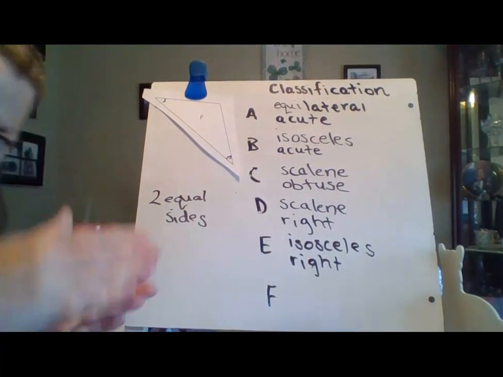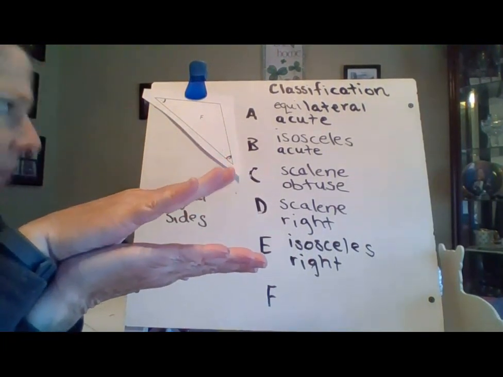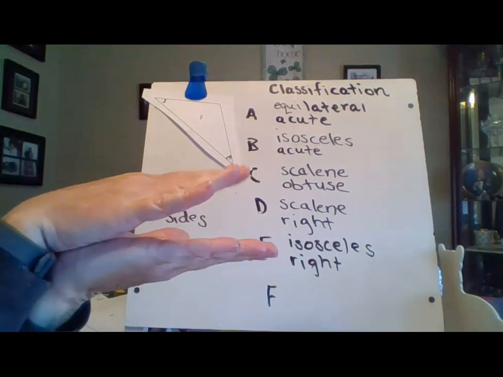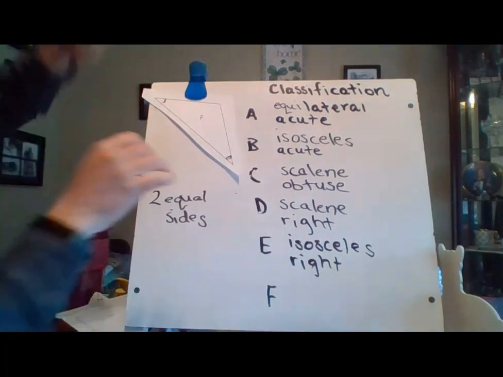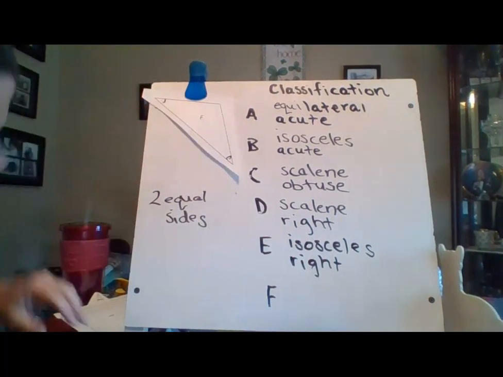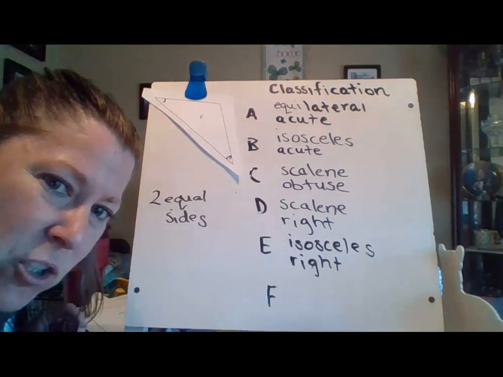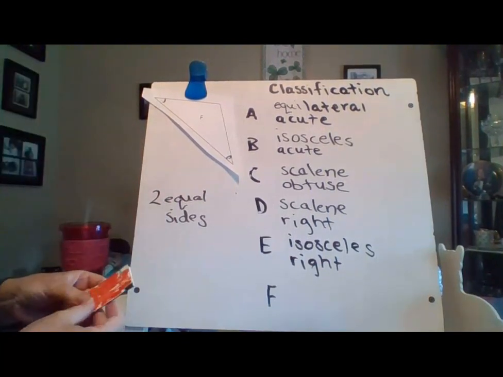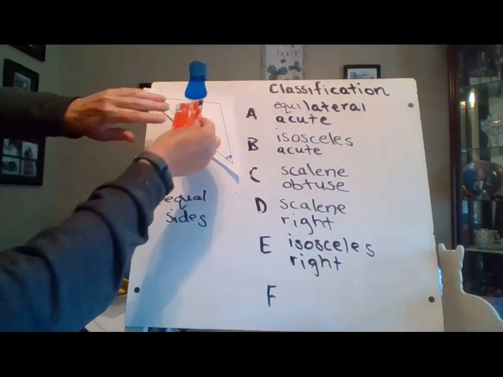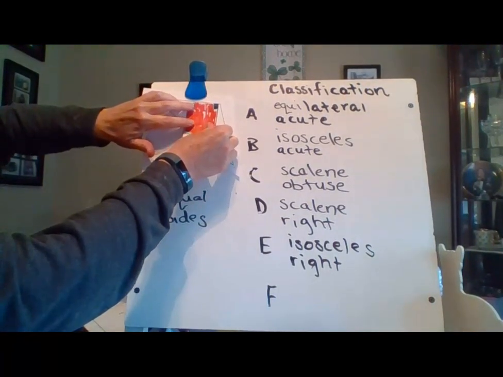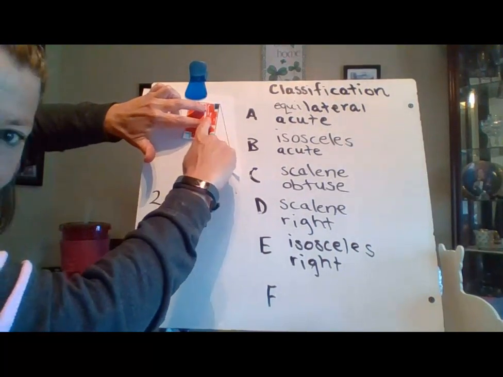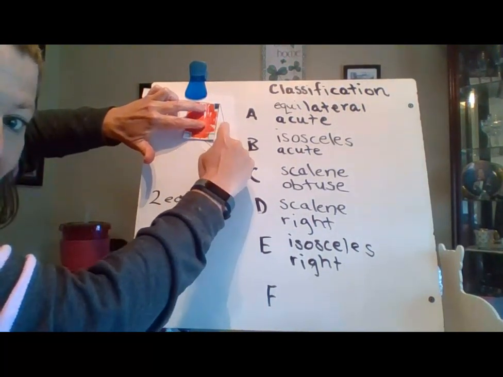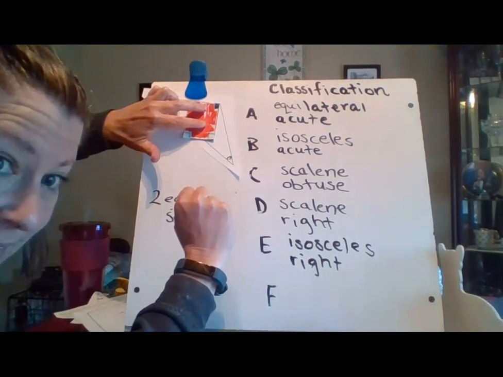Those two are definitely acute. Angle I and angle K are definitely acute. I'm not sure about angle J, so I'm going to use my template. All right, it's definitely obtuse. It goes past the 90 degrees.